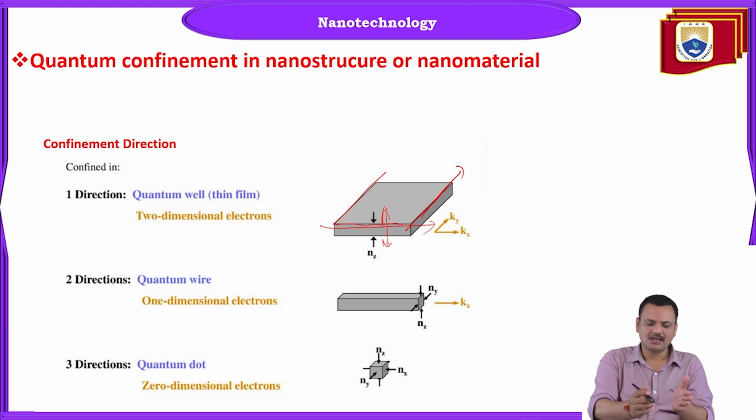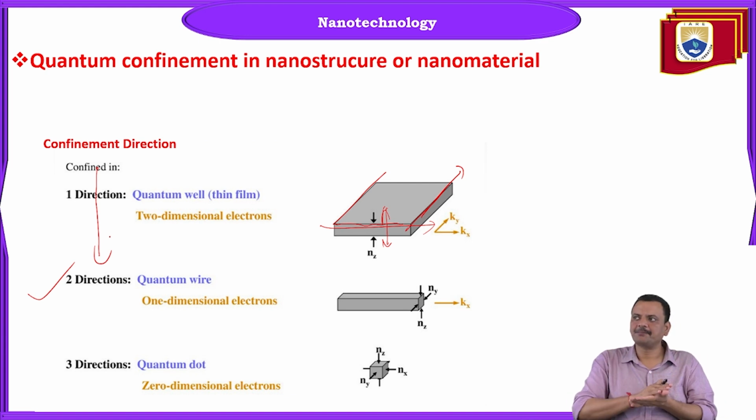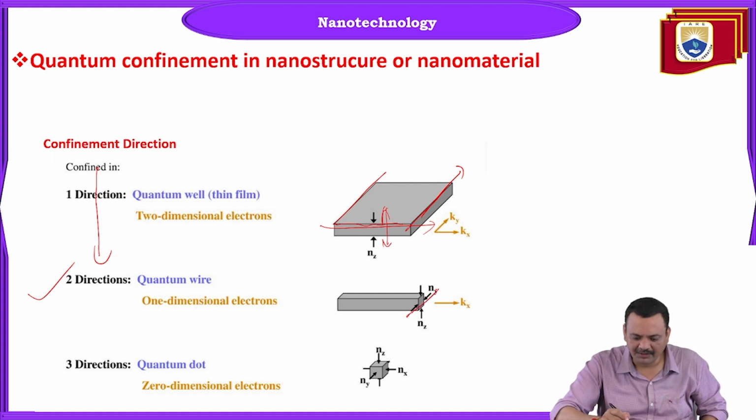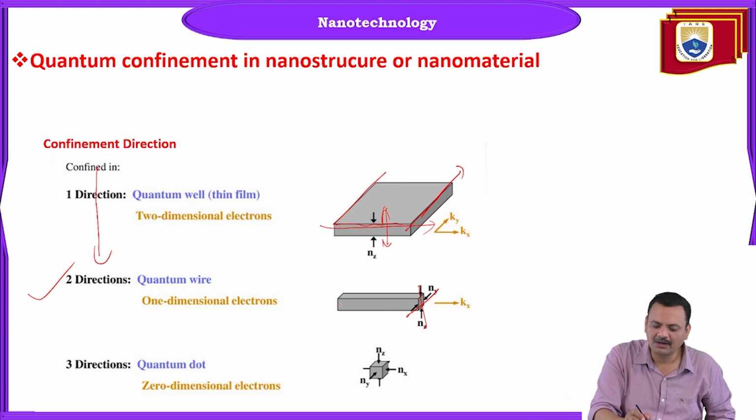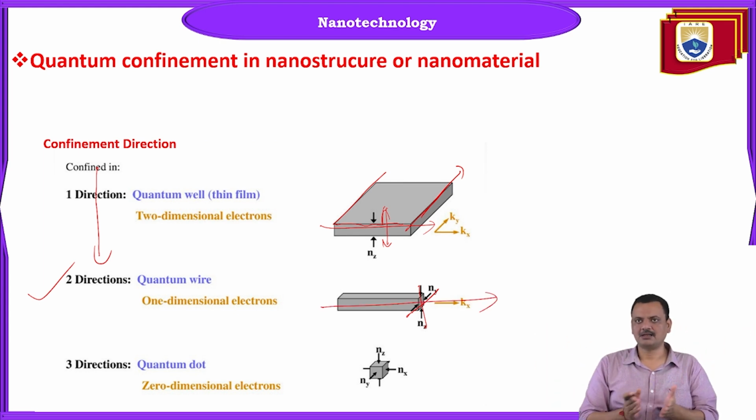Okay. Another one, two direction confinement. See, confined in two directions, the confinement directions being y and z, but your electron can flow, your material can grow, in the remaining x direction.